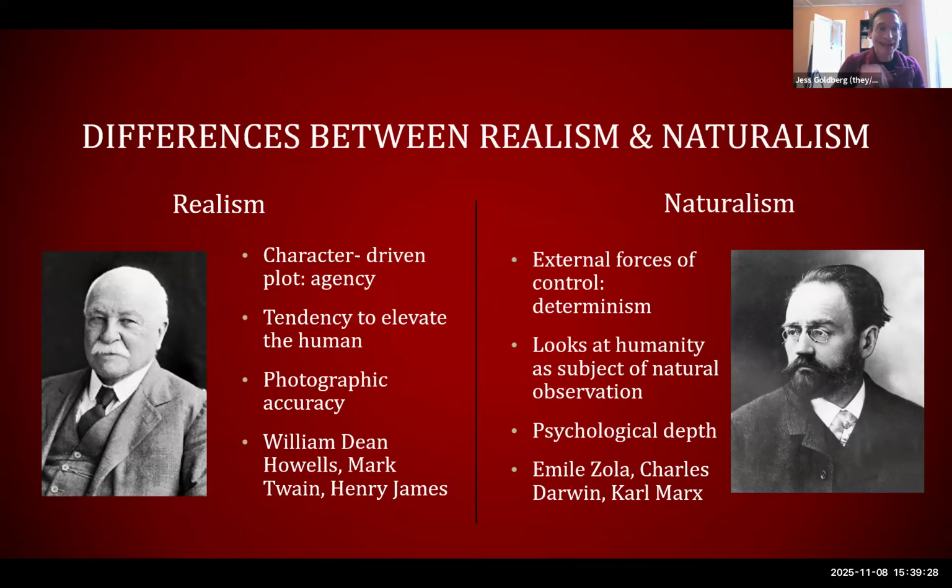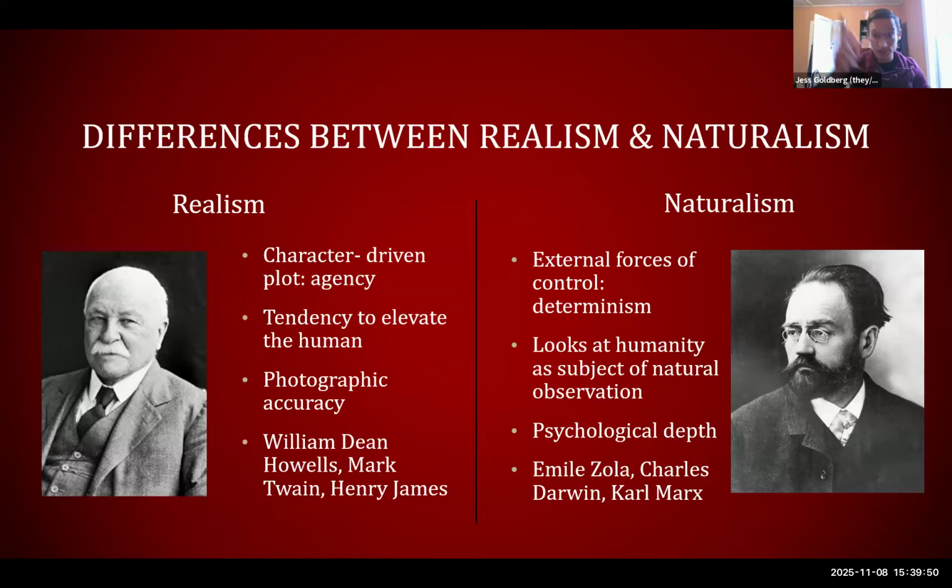realism is about character-driven plot. The characters make the plot move. The characters have the agency to move the plot forward. So, as opposed to the gods moving the characters, right, in ancient Greek tragedy, or as opposed to even Life in the Iron Mills.